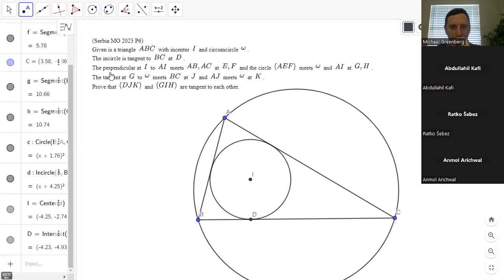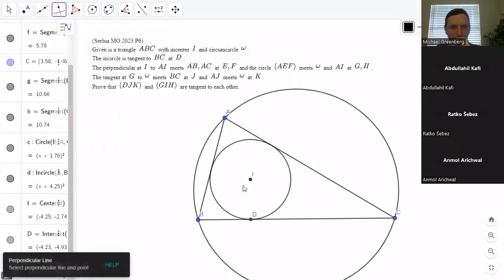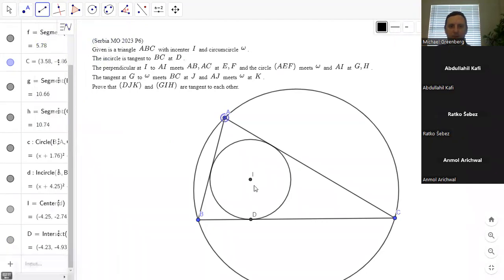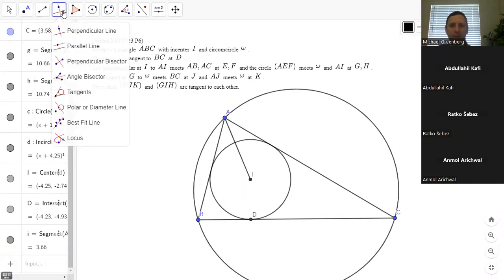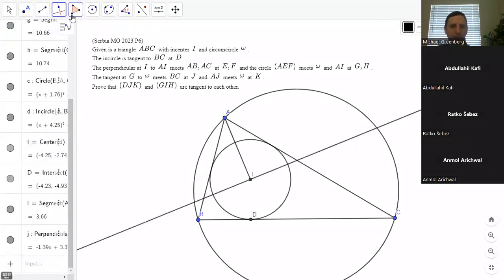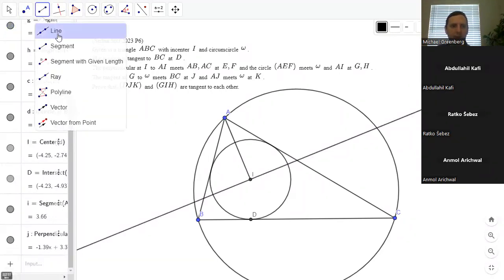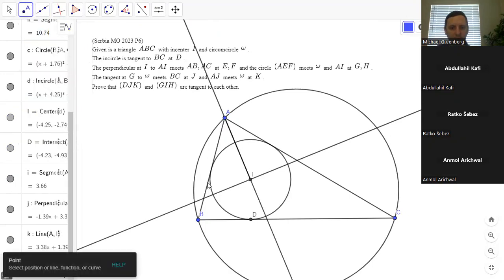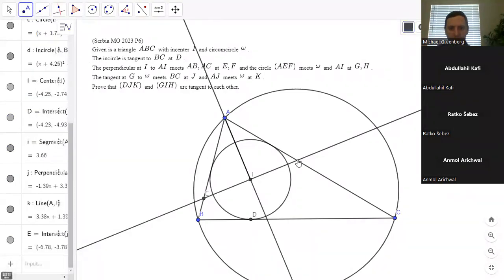And then we draw this. So yeah, whenever you see the perpendicular to AI at I, it makes you think of the Mixtilinear incircle. So E and F are where it hits AB and AC.